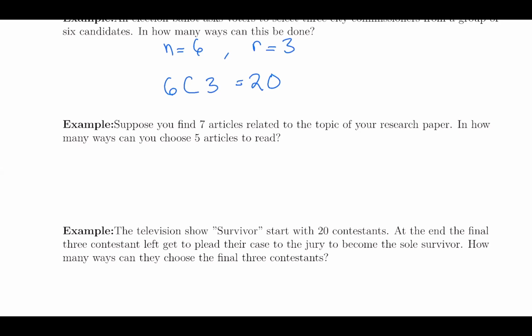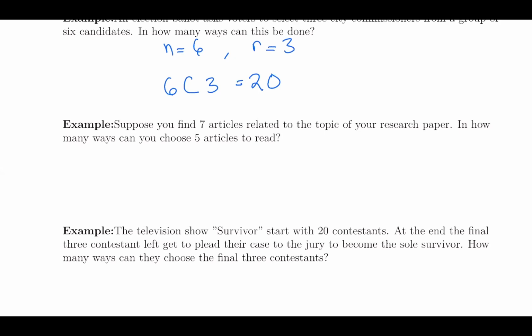So we got 2 people who said different. Good. For the 5 articles, can you read the same article, or once you read that article, can we not read it again? Cool. So you can't read it again, which means repetition is not allowed.